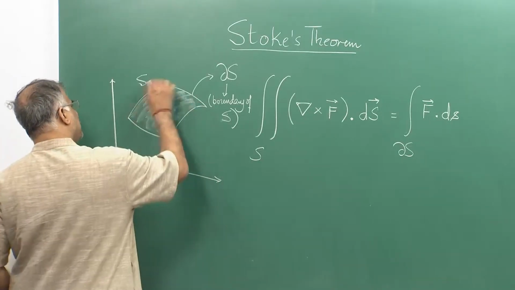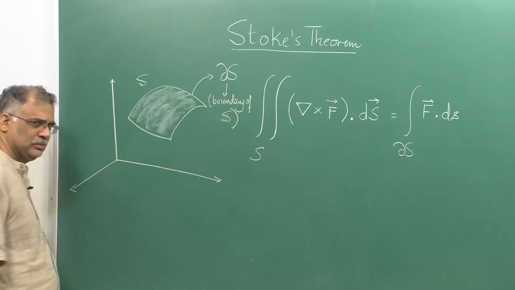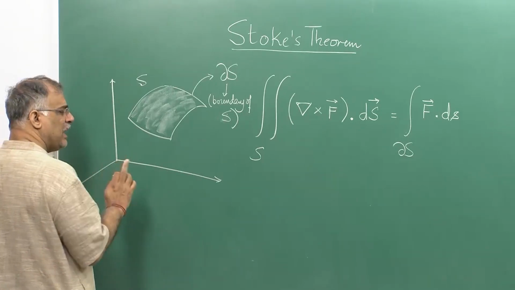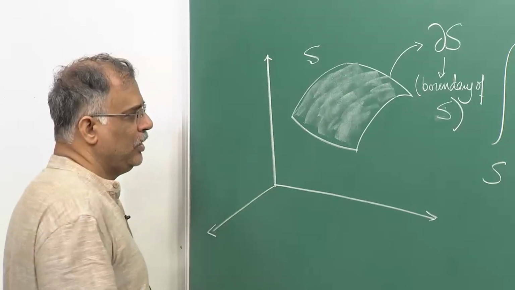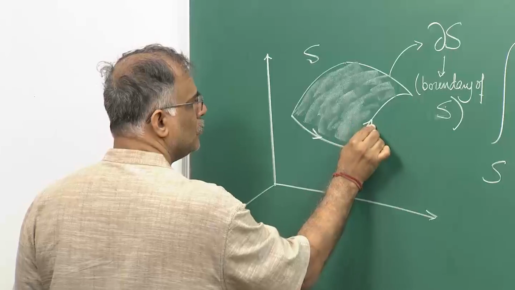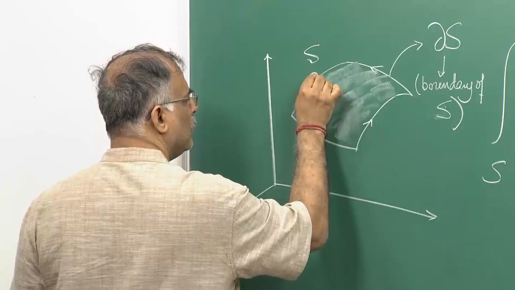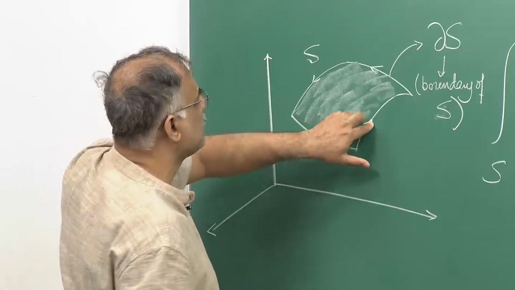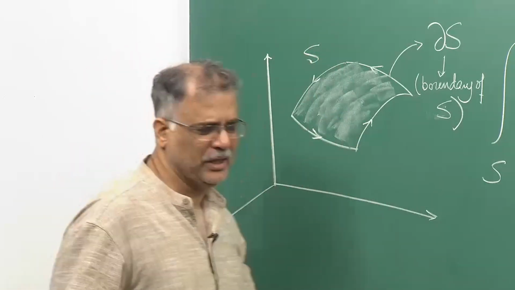If you look at this very carefully, you would realize it is the same game that we played before. When a man walks along this boundary, the surface should always be on his left hand side.